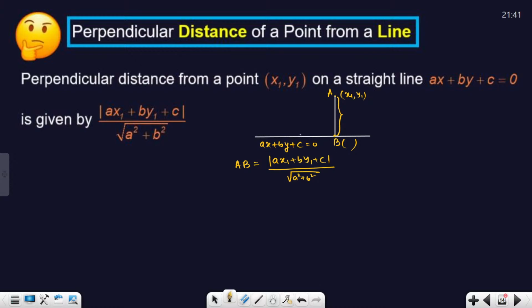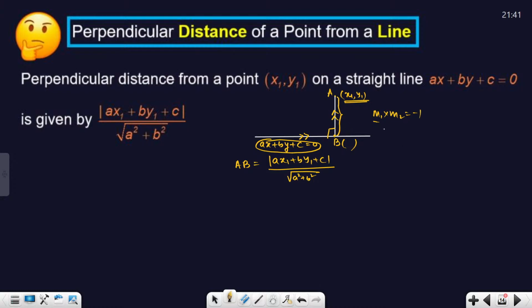You know this line, that is, you know the slope of this line. And if you know the slope of this line, then obviously you know the slope of AB. Why? Because we know that these are perpendicular to each other. So M1 into M2 will give us -1. As you know the slope of AB, it is passing through the point x1, y1.